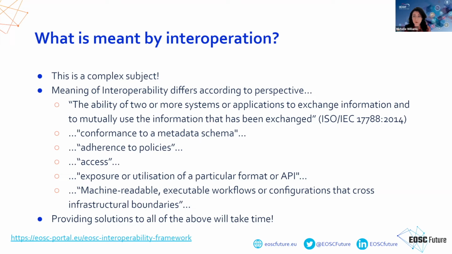It could mean exposure or utilization of a particular format or API or endpoint or so on. And it could also then mean machine readable, executable workflows or configurations that cross infrastructural boundaries. And that's quite stretching, but theoretically, that's what it also means. But providing solutions to all of these is going to take a lot of time.